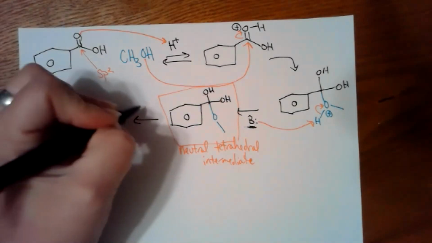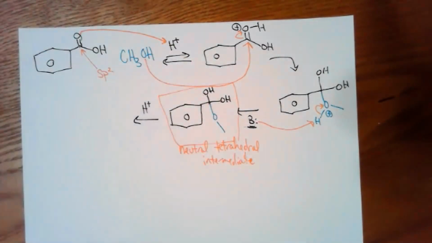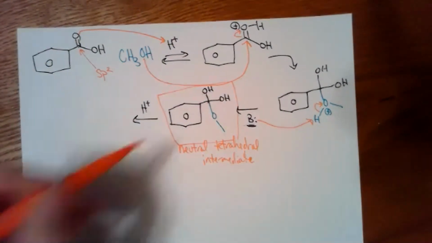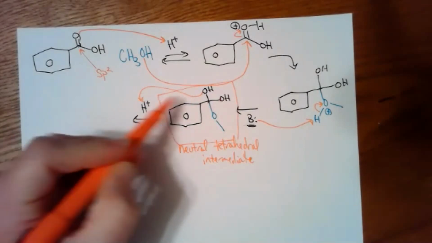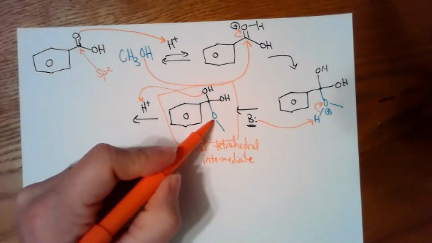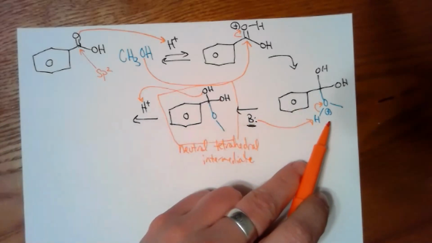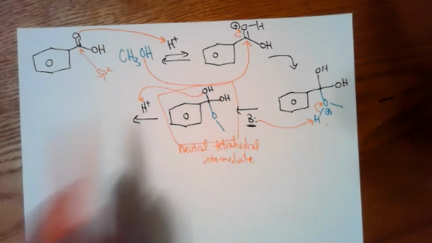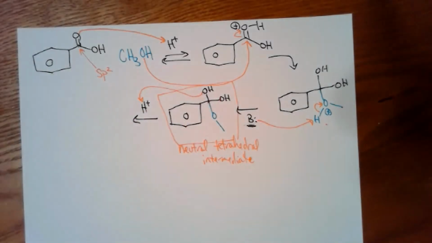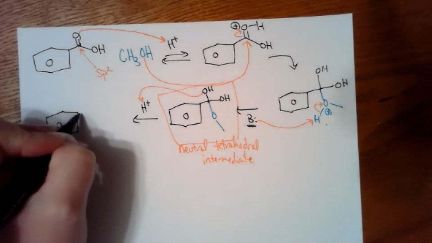We're going to do that by taking some of our acid from our acid catalyzed stuff, our sulfuric acid that's sitting around in solution. Protonate one of those oxygens, does not matter which. We don't want to protonate this one because if we protonated this one, we would go backwards to where we started. So protonate one of those OH oxygens to get me here.